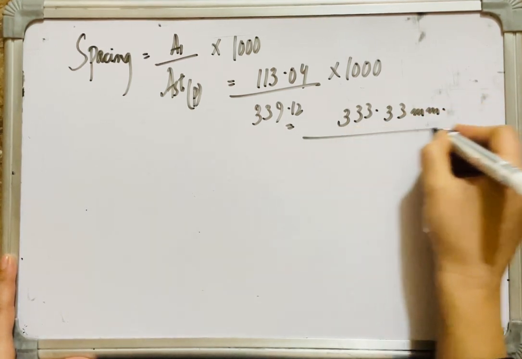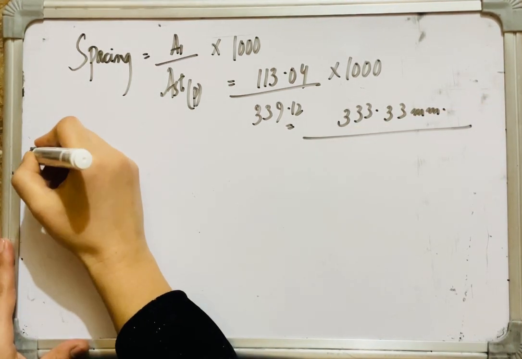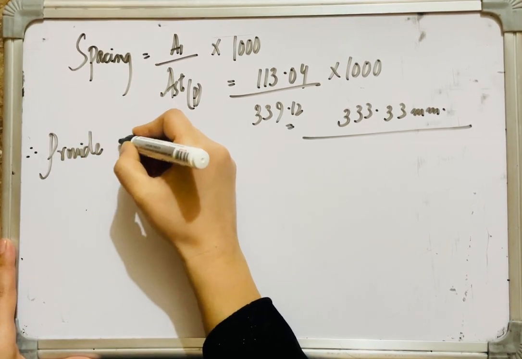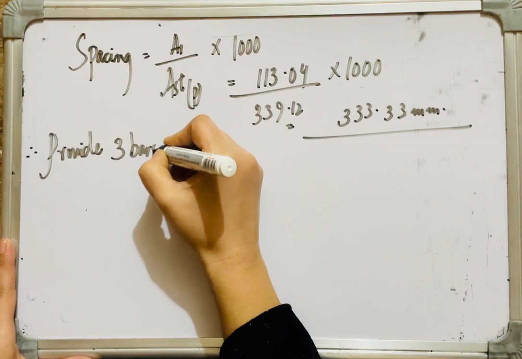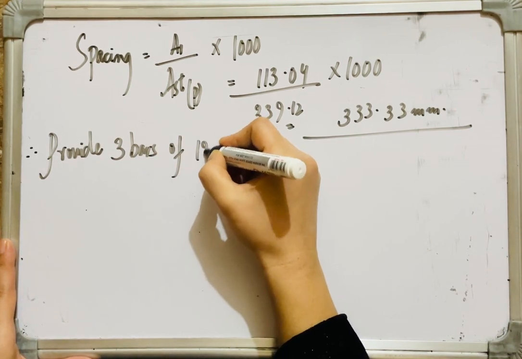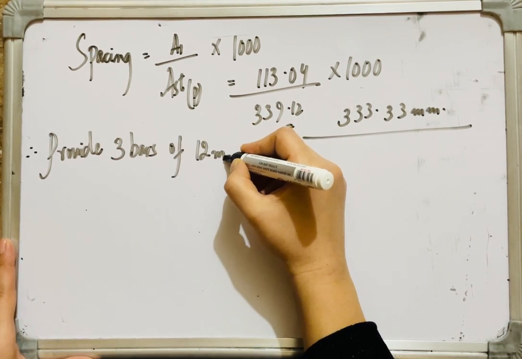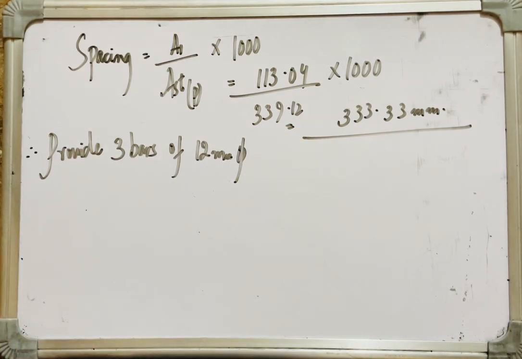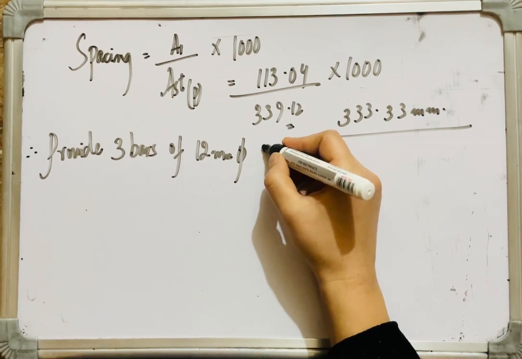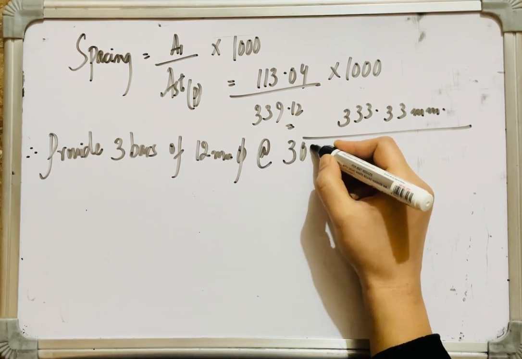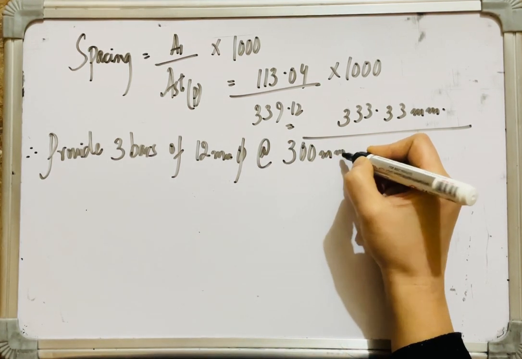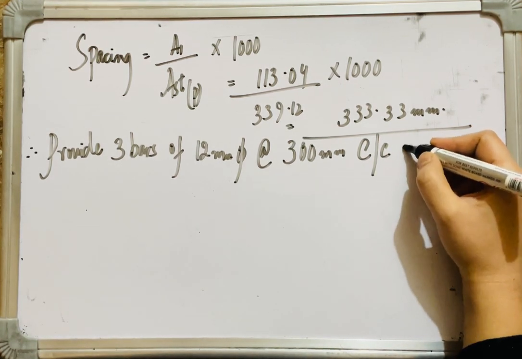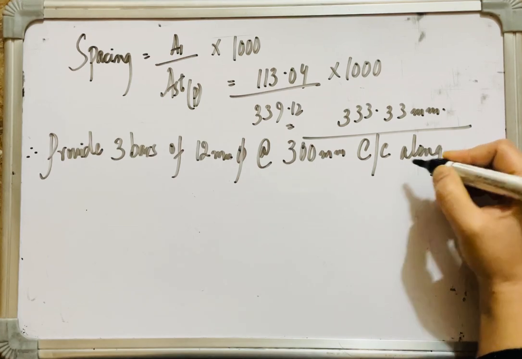This is the spacing. So therefore I'll provide 3 bars of 12 mm dia at the rate of 300 mm center to center spacing along length.